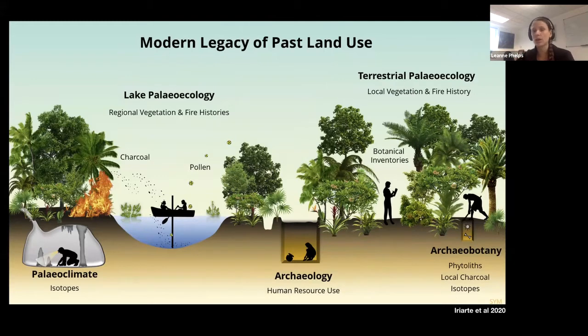And these hold all kinds of different information about climate change, vegetation change, also changes in human land use. So it gives us an idea as well about changes in fire regimes. Archaeology is a very good source of information about the way that people have used past landscapes, especially when we look at things like archaeobotanical information, which tells us about how past communities have modified plants.